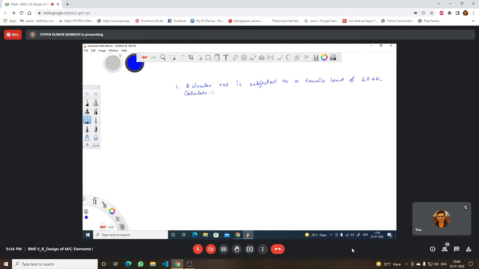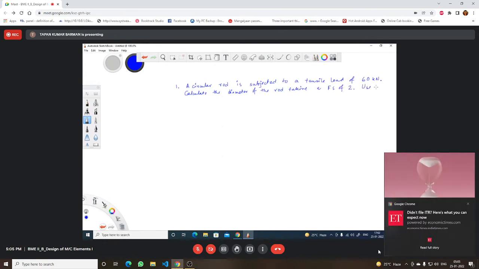Calculate the diameter of the rod taking a factor of safety of say 2.